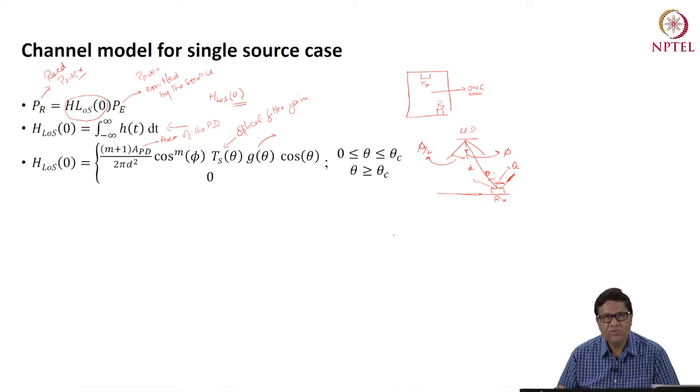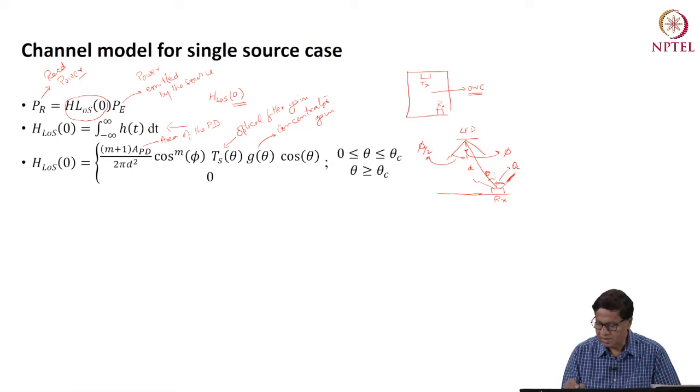To take care of this issue, one uses some sort of concentrator near the receiver, and that concentrator may have some gain, which is G of theta.